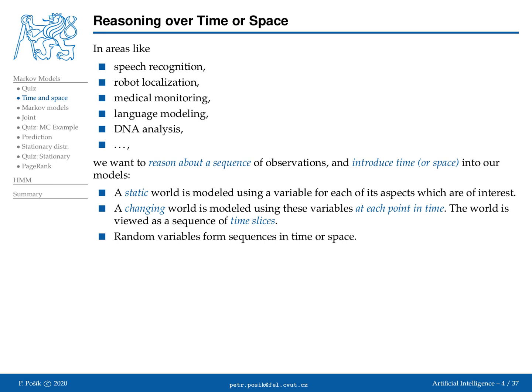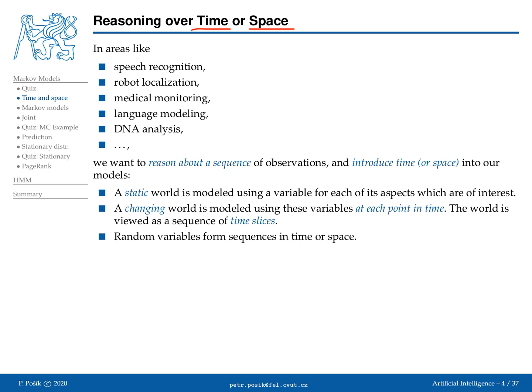So very often we need to reason over the same state variable over time or over space. So we need to introduce these things into our models. And Markov models and hidden Markov models are one way how you can approach it.